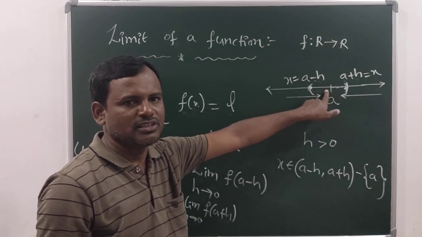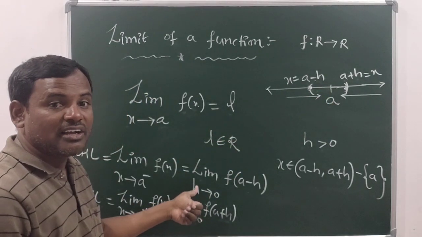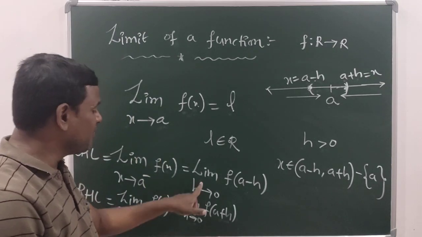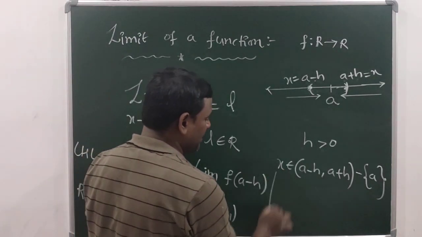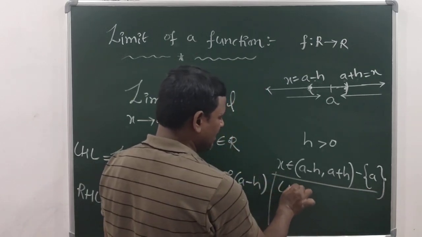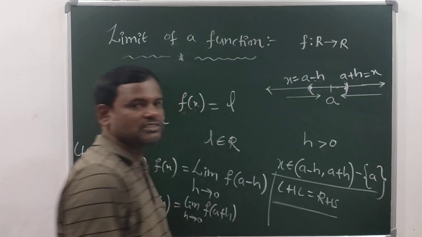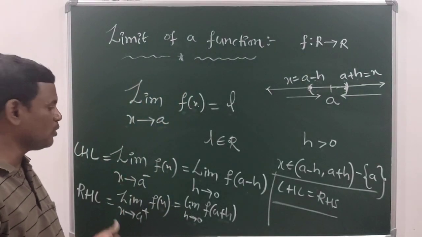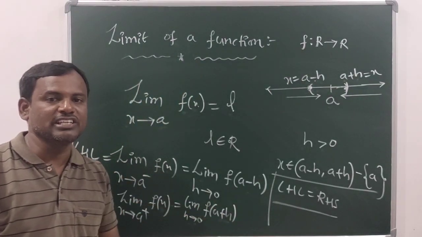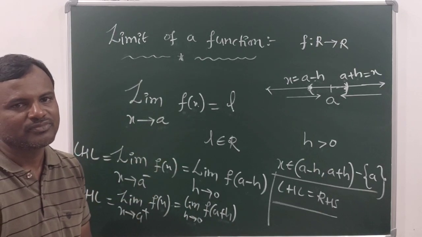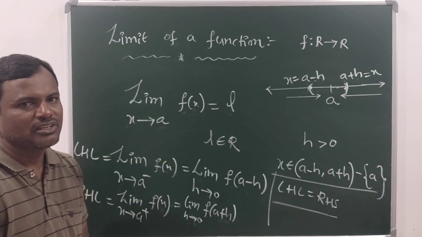Okay, now students. You can say the limit of this function exists whenever the left hand limit is equal to the right hand limit. When left hand limit is equal to right hand limit, then you can say that the limit of this function exists.